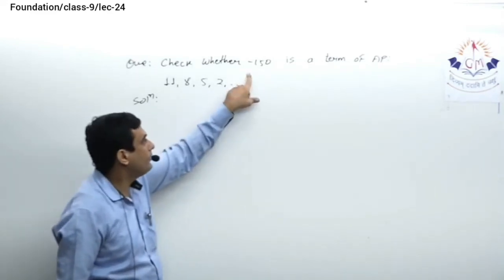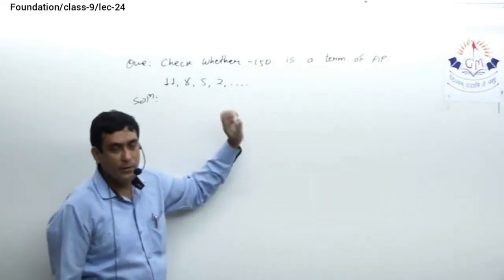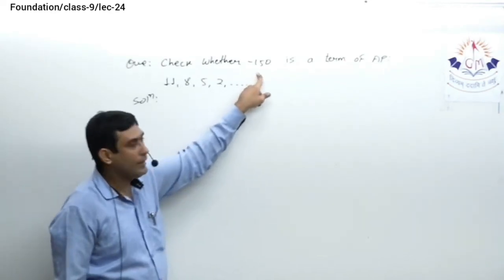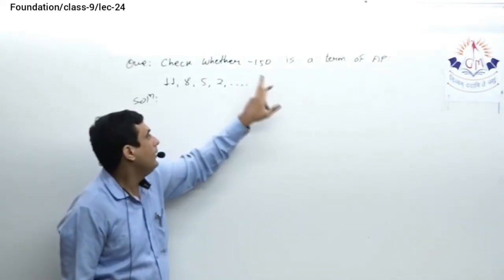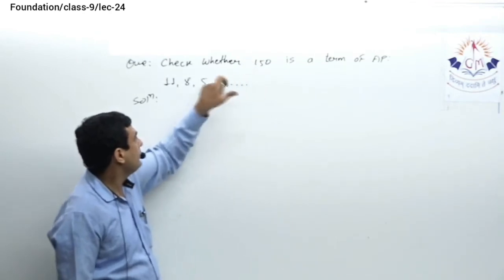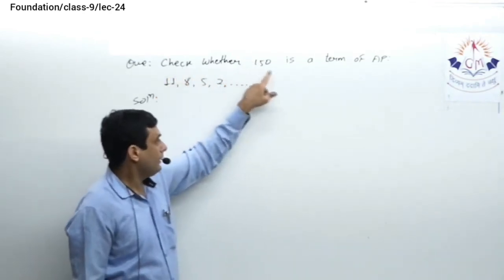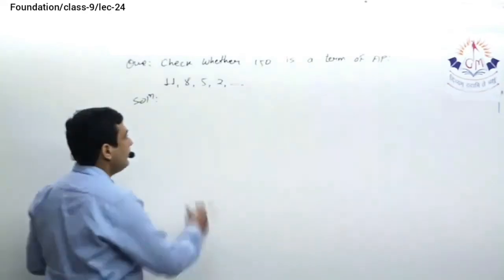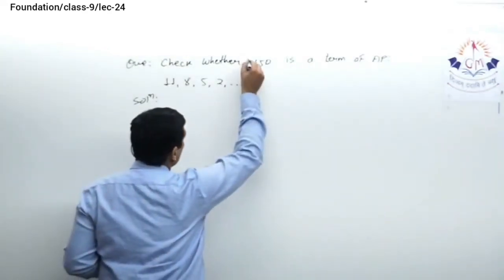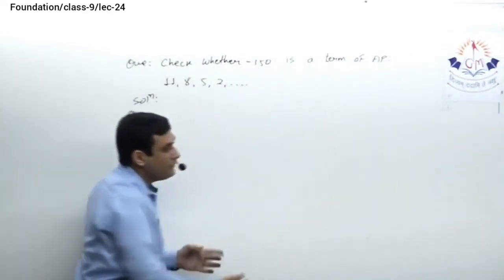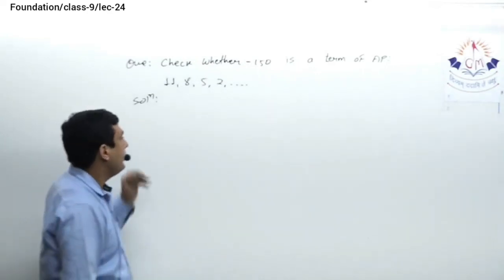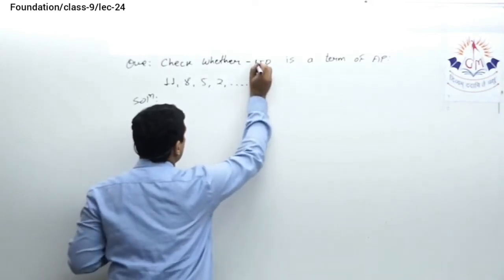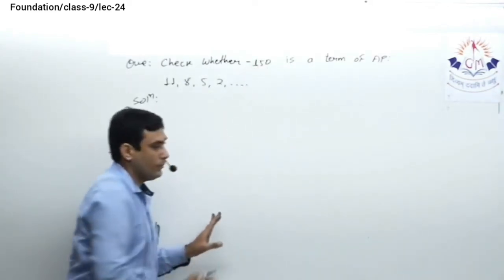First of all, this is a decreasing AP, so there is definitely a possibility that we'll get minus 150 as a term of the AP. For example, if the question were to check whether plus 150 is a term of the AP, then obviously without solving we can say no, because this is a decreasing AP, so the further terms we get will be negative only. Here it is minus 150. It might be a term, we can't be sure. It is negative, so there is a possibility.